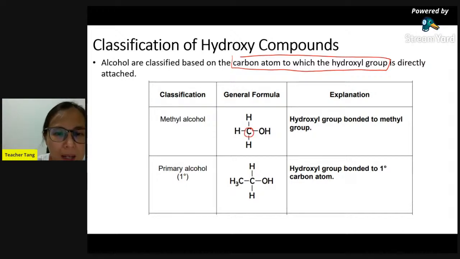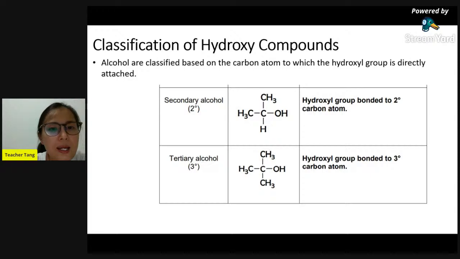If this carbon is attached to all hydrogens, then that is methyl alcohol. If the carbon of the hydroxyl is attached to one alkyl group, then we get primary alcohol.